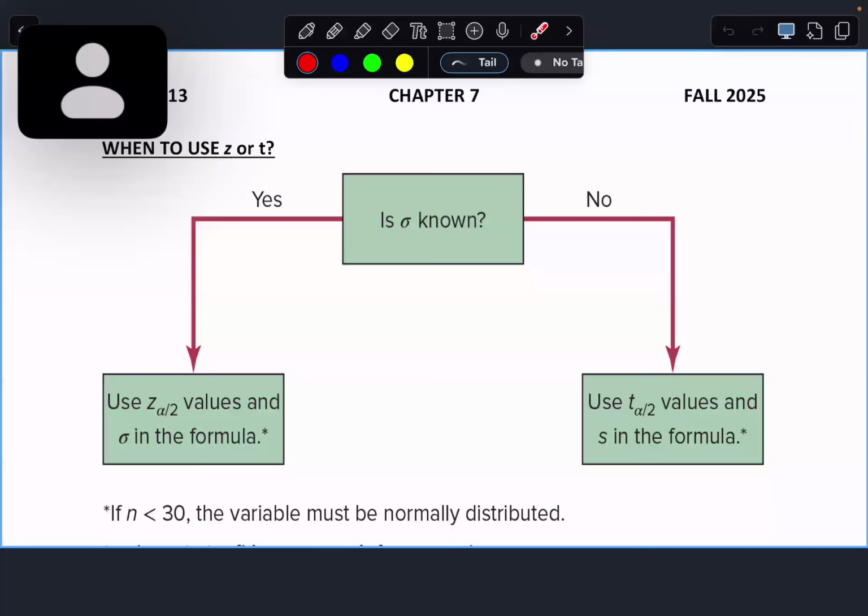And we talked about some of the point estimates for the population mean, which are the sample mean, sample median, the mode, and the mid-range.